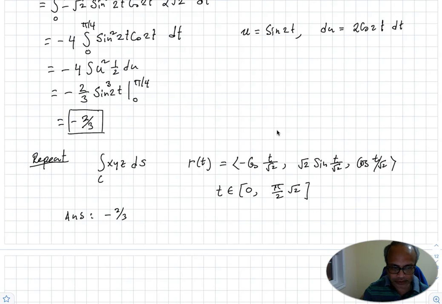It is because a curve can be parameterized in many ways. Every person may come up with their own parameterization. Finally, the result should be the same.